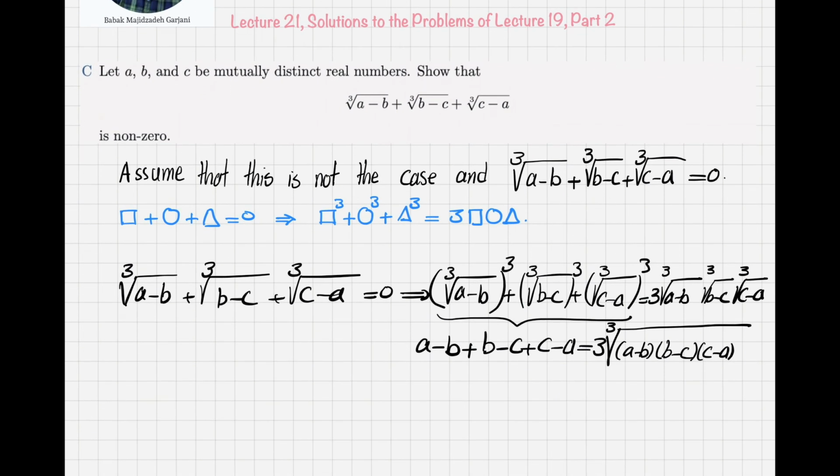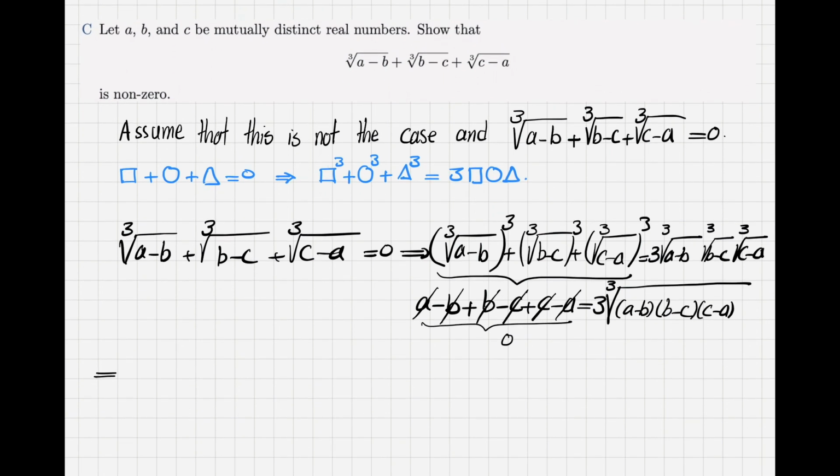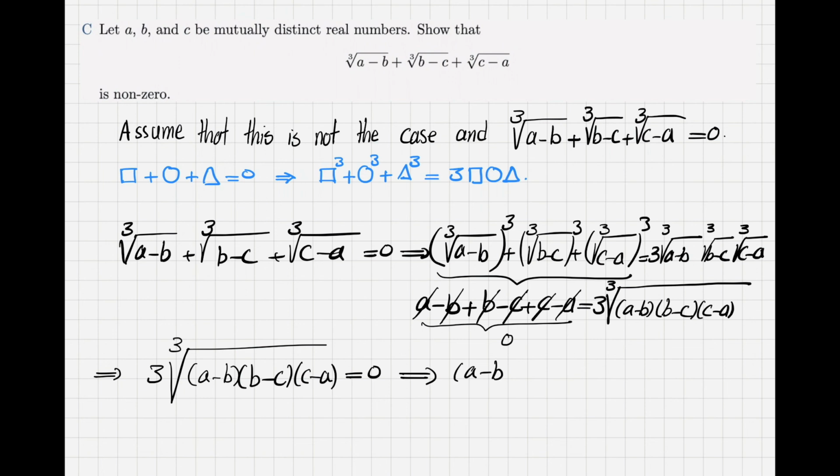But now look here, this a and minus a are cancelled, this b and b are cancelled, this c and c are also cancelled. So this is nothing except 0. So this implies that 3 times this expression is equal to 0. So this means that under the third root sign should be 0.